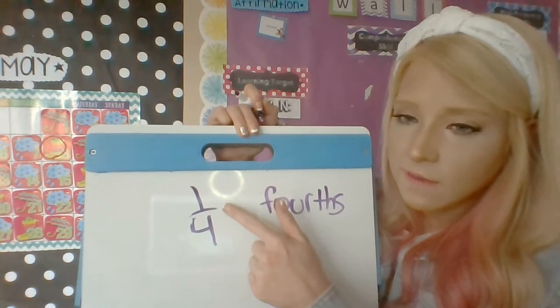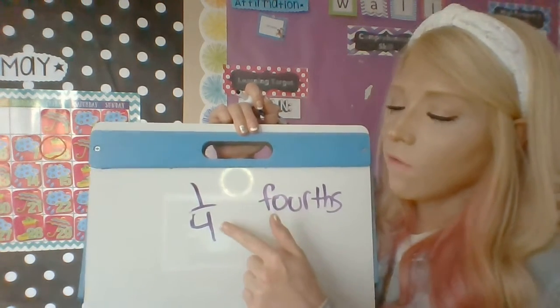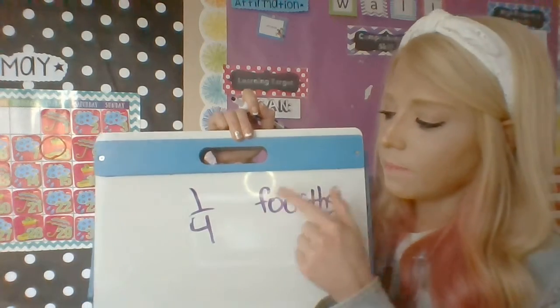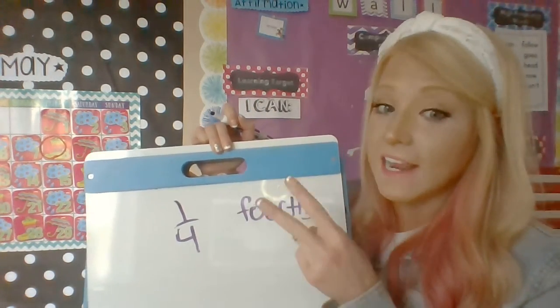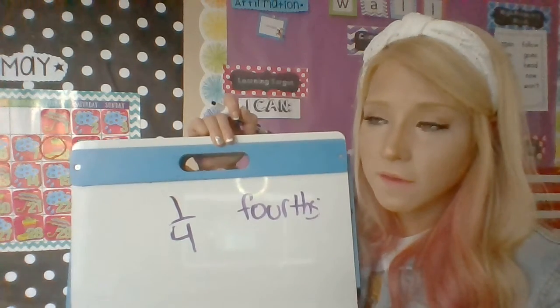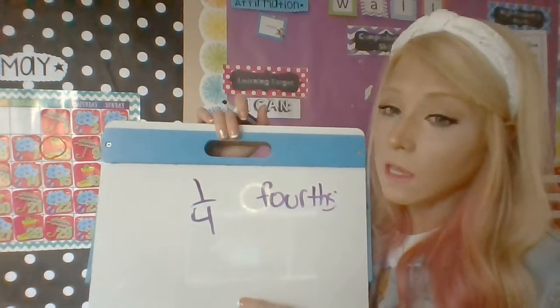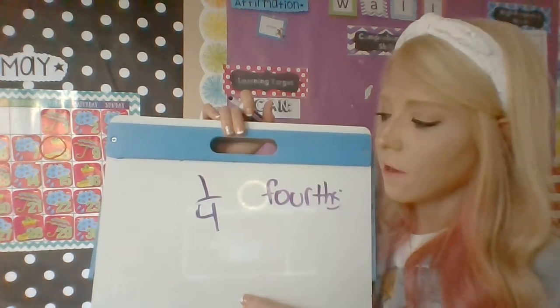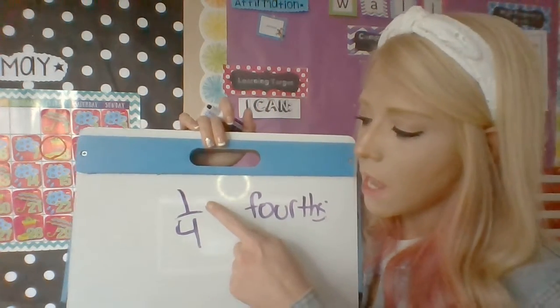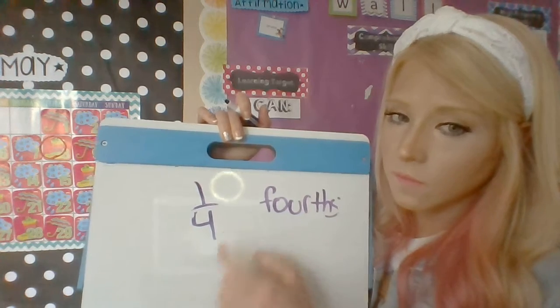So that says 1/4, because the whole pizza was cut or partitioned into fourths, because there was 4 pieces, equal parts, pieces all together. So everybody, right now say 1/4.